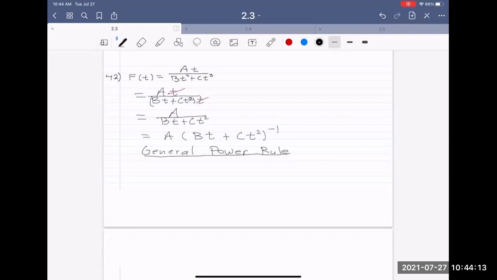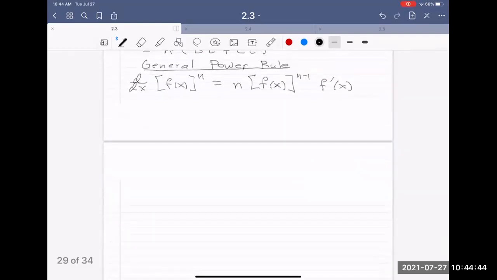So the derivative of f of x to the n, where f here is a differentiable function, is n times f of x to the n minus 1 times f prime of x. So let me use that fact to differentiate this.